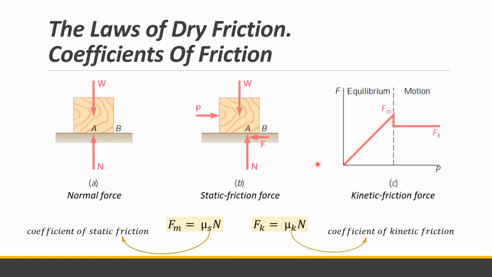These coefficients of friction, mu s and mu k, do not depend upon the area of the surface in contact, but both coefficients are strongly dependent on the nature of the surface in contact. For example, wood, metal, or plastic have different coefficients of friction depending on the nature of the material we use.